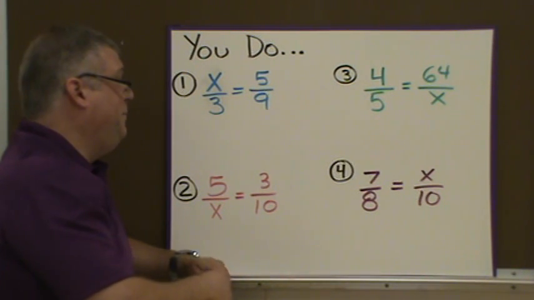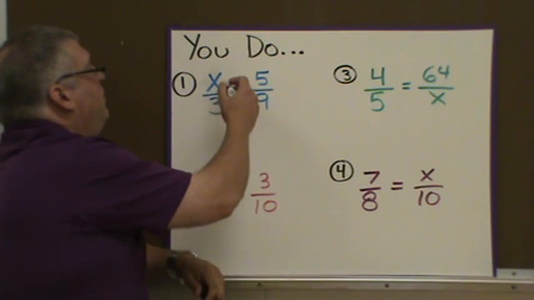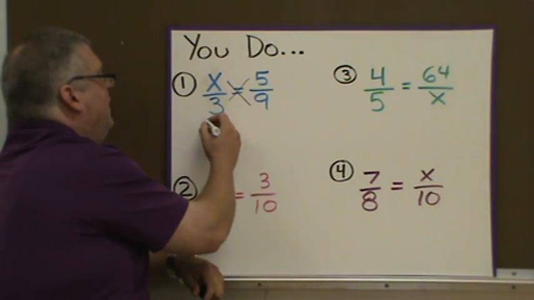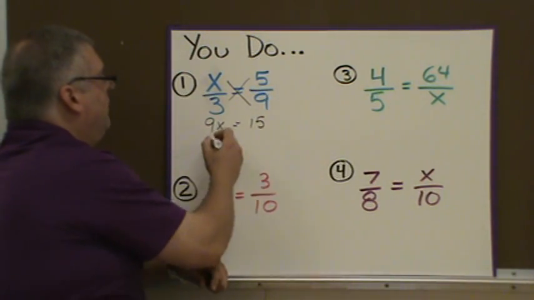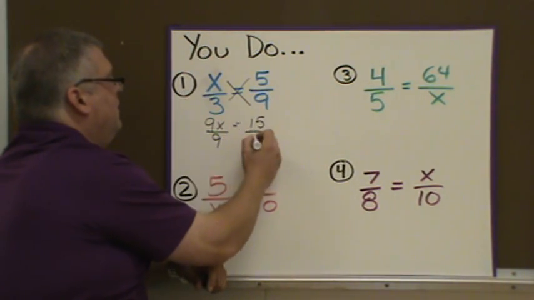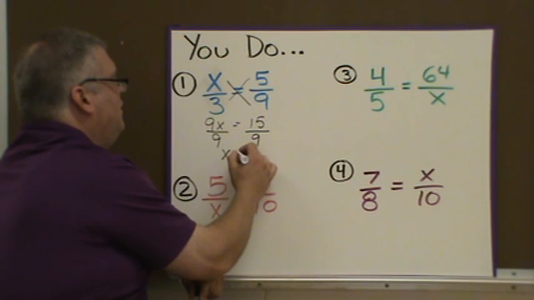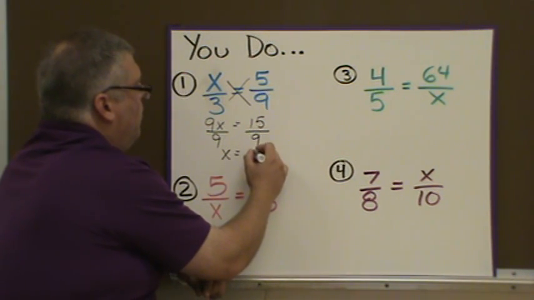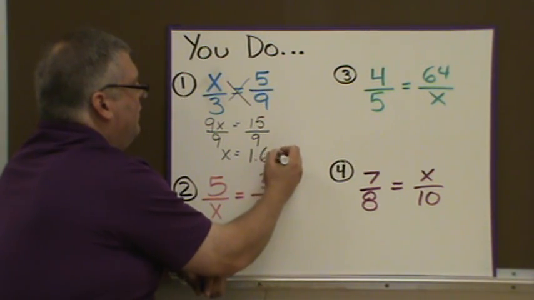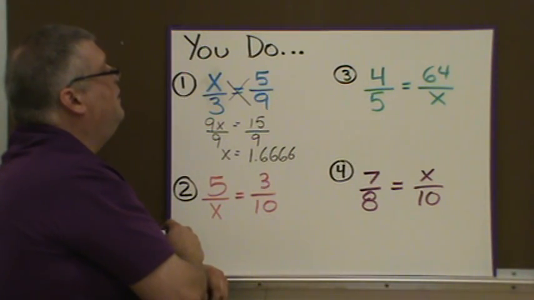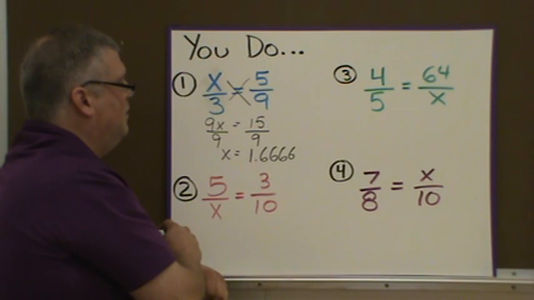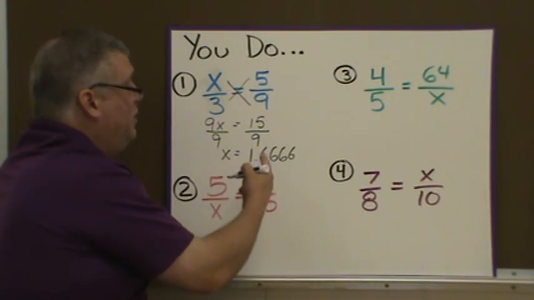All right, welcome back. Again, we're going to cross multiply. We get 9x equals 15. And we divide by the 9, and we get x is equal to 1.6666 repeating. In this particular case, well, I round to the nearest hundredth.